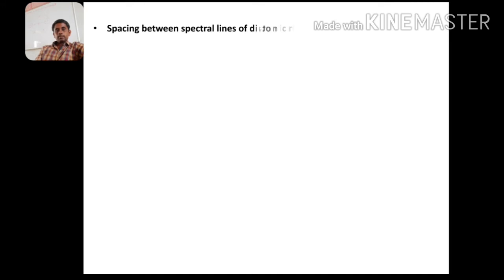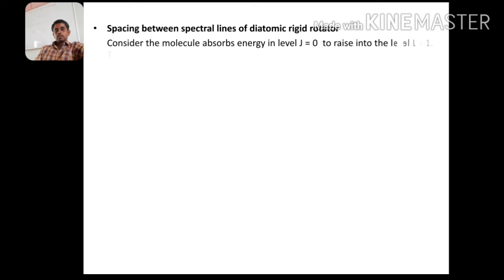Now, the spacing between spectral lines of a diatomic rigid rotator. Consider the molecule absorbs energy or radiation and from energy level J is equal to 0 it raises to the higher energy level J is equal to 1.